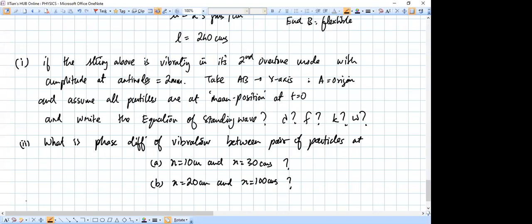Okay. And third, the mechanical energy of vibration in joules.